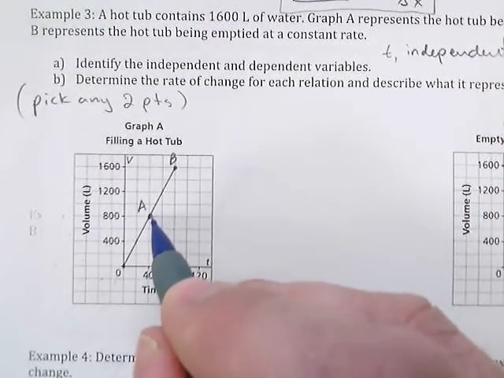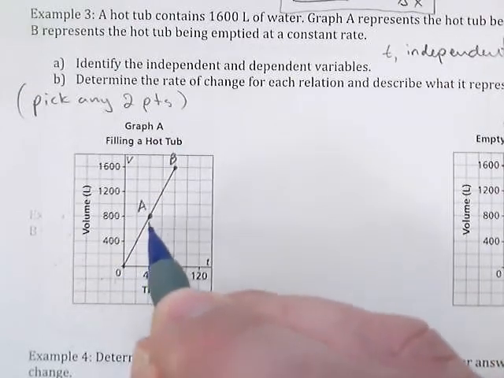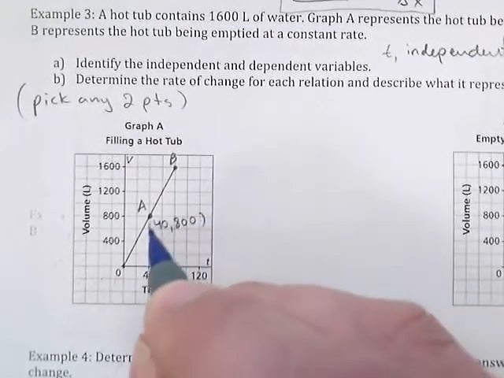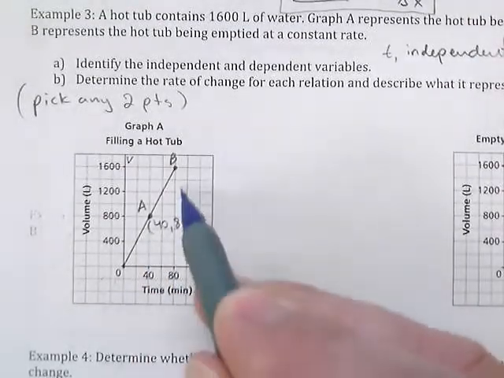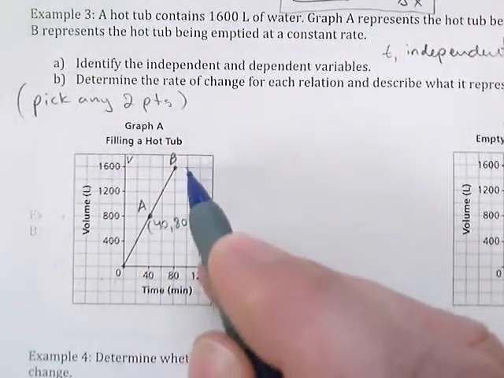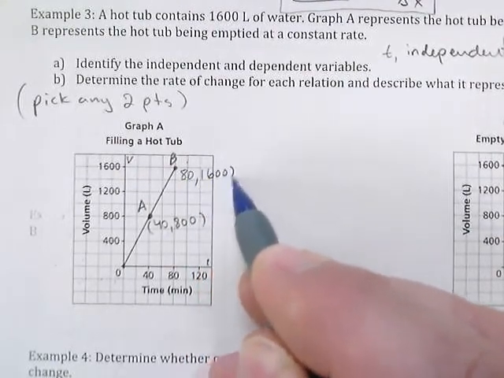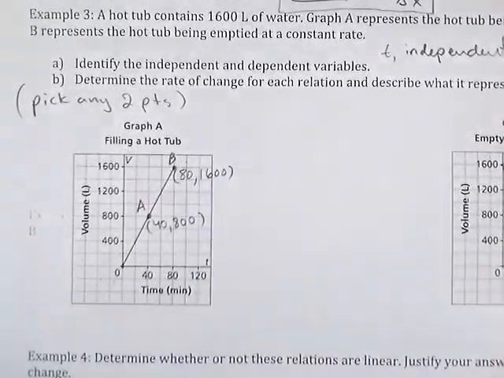The coordinates of this one right here would be 40, 800, right? So you write down 40, 800. And the coordinates of the second point would be 80, 1,600, right? So those are your 2 points on that graph.